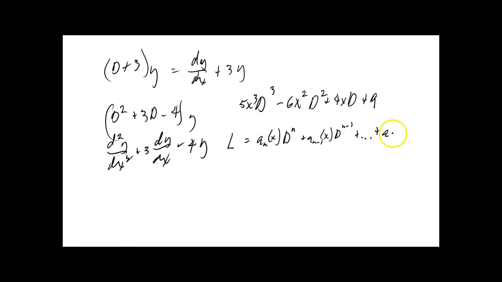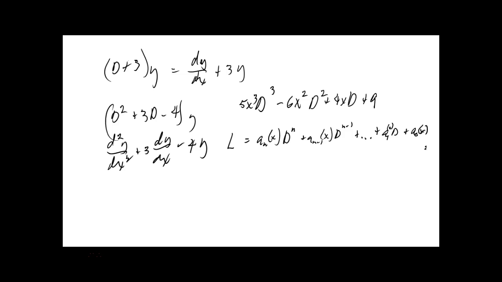A sub 1 of x, d, plus a sub 0 of x, and that would just be the y, and that's equal to, well, they're not putting any, it's not equal to anything. That's just the operator that now combines the d's with the a's, okay?